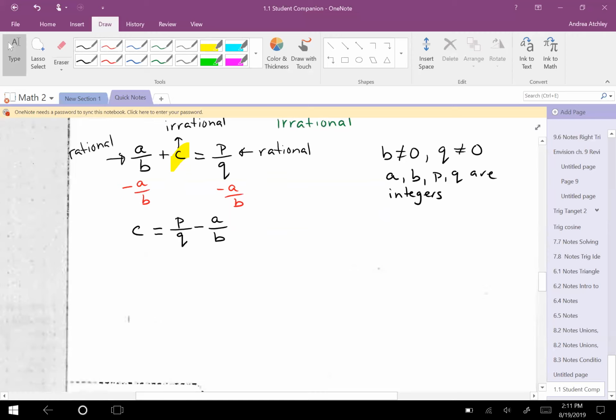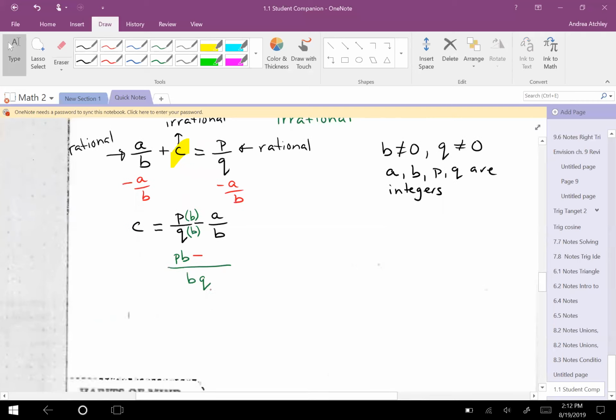So we need our denominator to be B times Q. So to get B times Q, I need to multiply this denominator by B. If I multiply the denominator, I also need to multiply the top. So that's gonna give me PB minus A and B. I need to also make the denominator BQ.